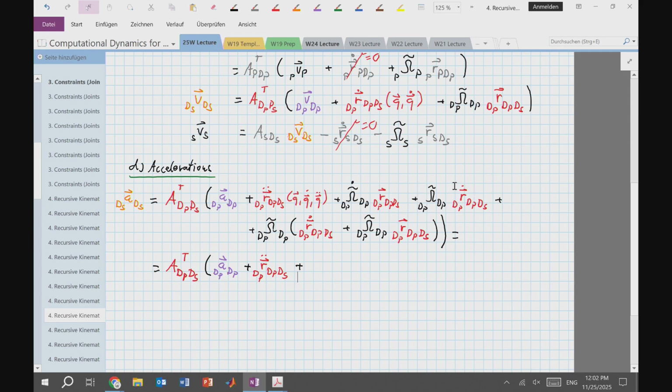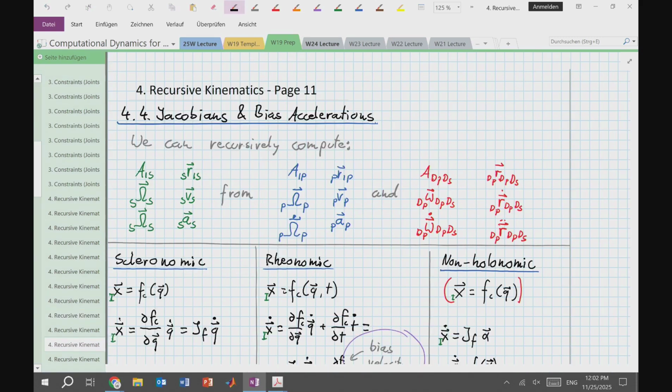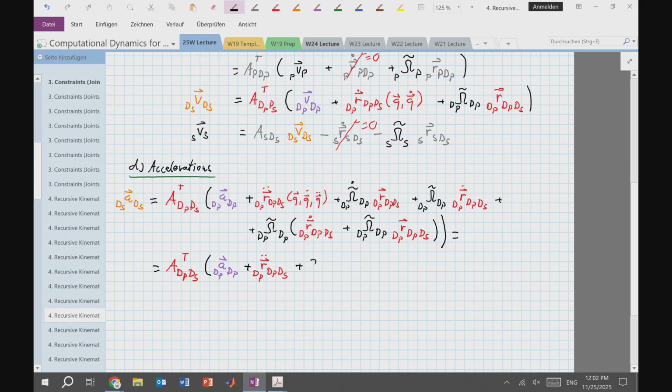I see that this term here, omega tilde times r dot, shows up twice. Comes here, and then I see it again down here. It's typical of Coriolis terms. So we get 2 times omega tilde dp in dp coordinates times the translational velocity. So here the product of a rotational velocity and a translational velocity.